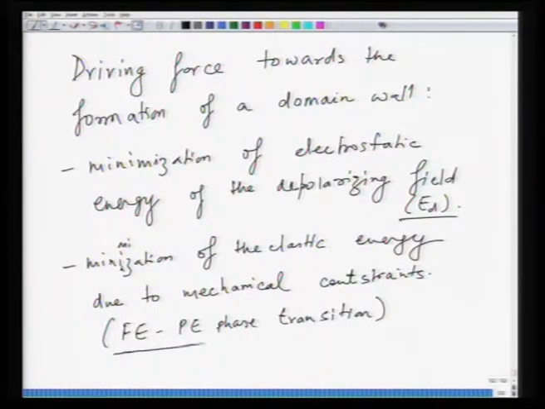Because you change the structure from cubic to tetragonal, there is a change in lattice parameter, which gives rise to stresses. These stresses, or mechanical constraints, lead to the formation of typically 90-degree domain walls. So, elastic energy of the system is minimized by the creation of domain walls.